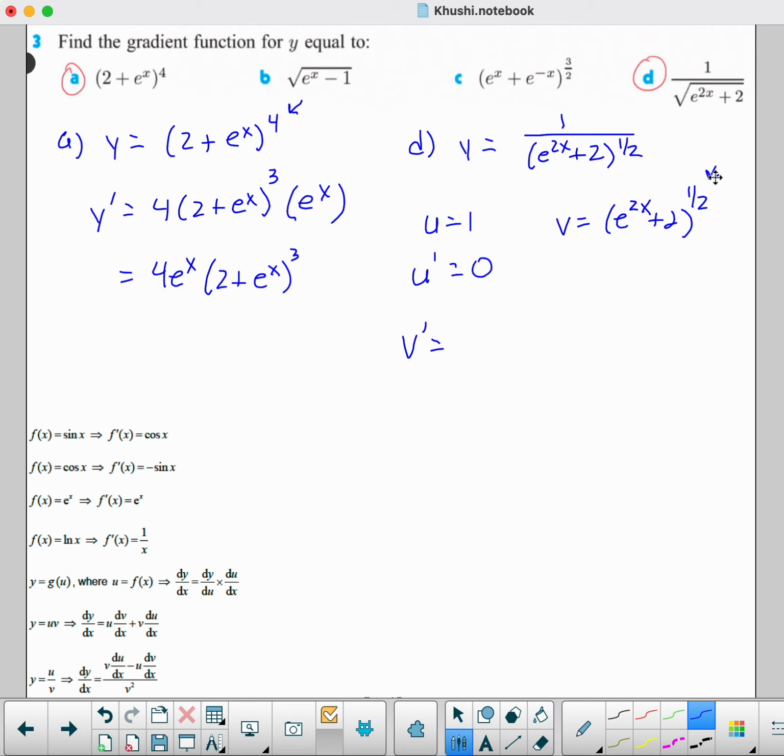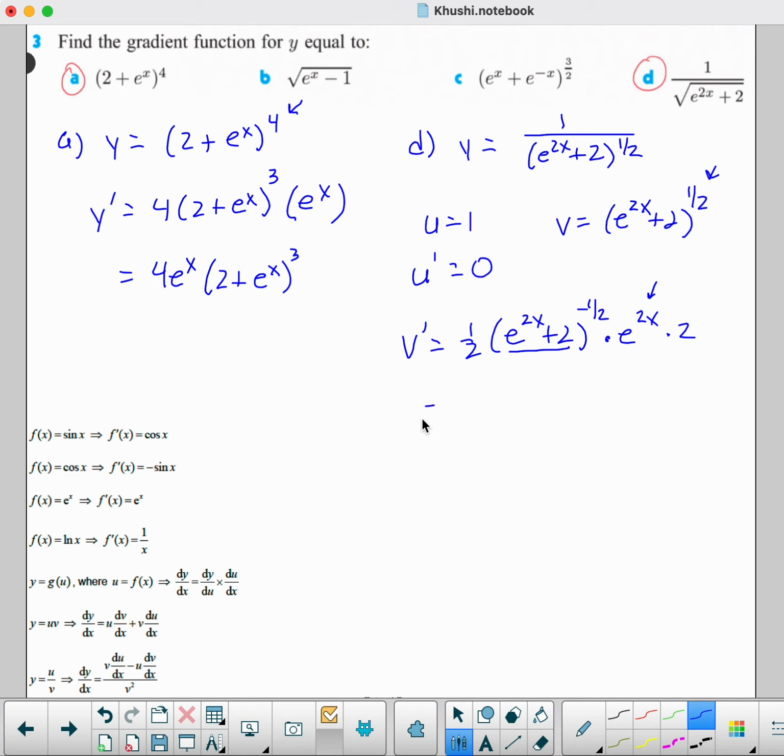Outside function is 1/2. I take care of that by moving it in front. (e to the 2x plus 2) and subtracting 1. I get negative 1/2. Multiplied by the derivative of the inside function. The derivative of e to the 2x is e to the 2x times the derivative of the inside function 2x, which is 2.